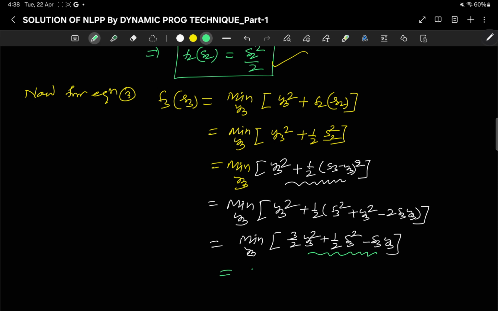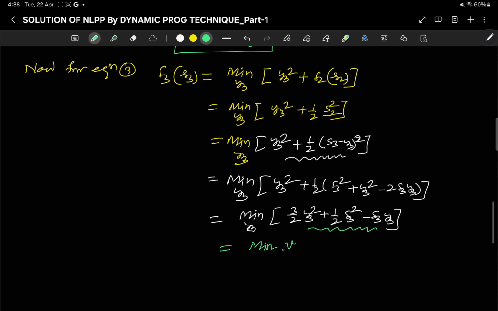So this is the minimization of some function v, where v is equal to 3 by 2 y3 square plus half s3 square minus s3 y3.